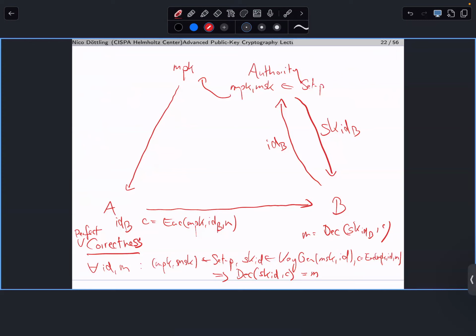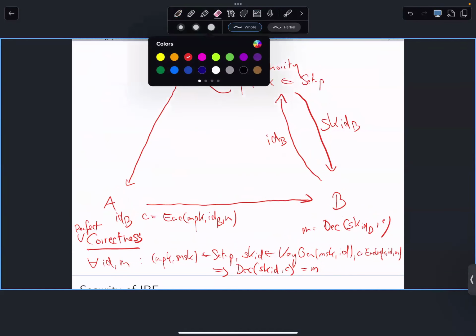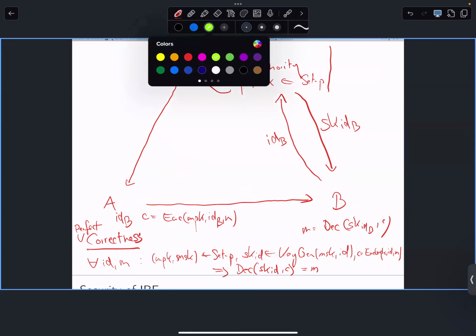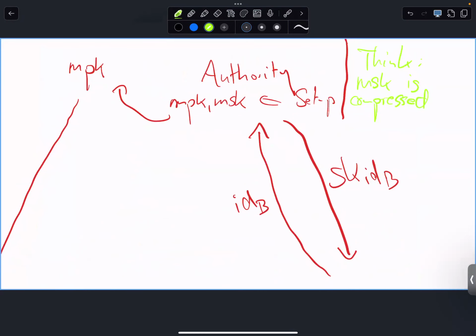But you can think of the master secret key as a compressed representation of all secret keys of users in the system.